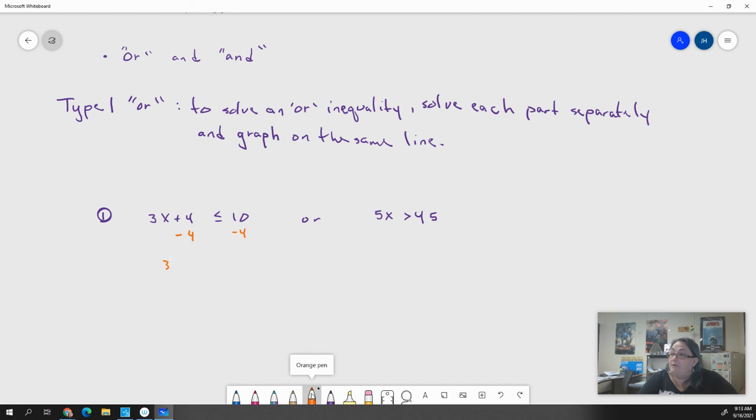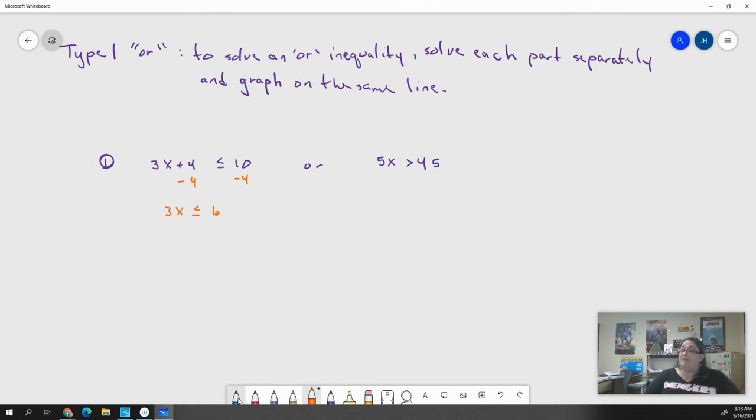Here I'm going to be left with 3x ≤ 10 - 4, which is 6. Now I still don't have x by itself. I've still got that 3 being multiplied to it. So I'm going to go ahead and divide out the 3 on both sides, and I will have x ≤ 6 divided by 3, which is 2.